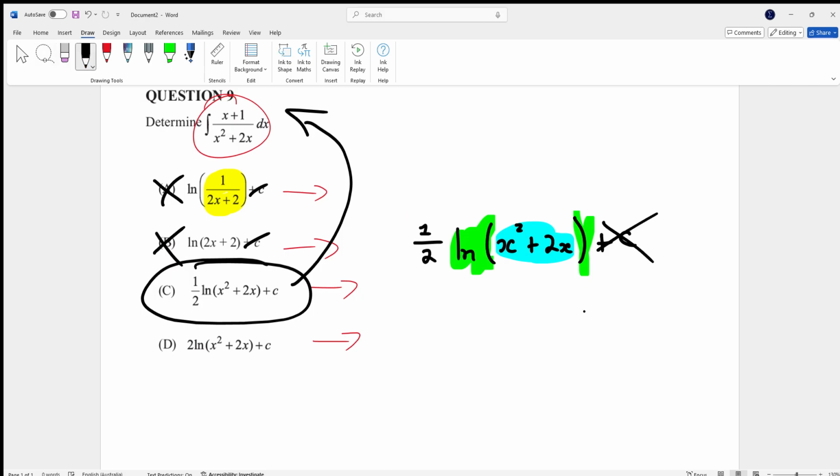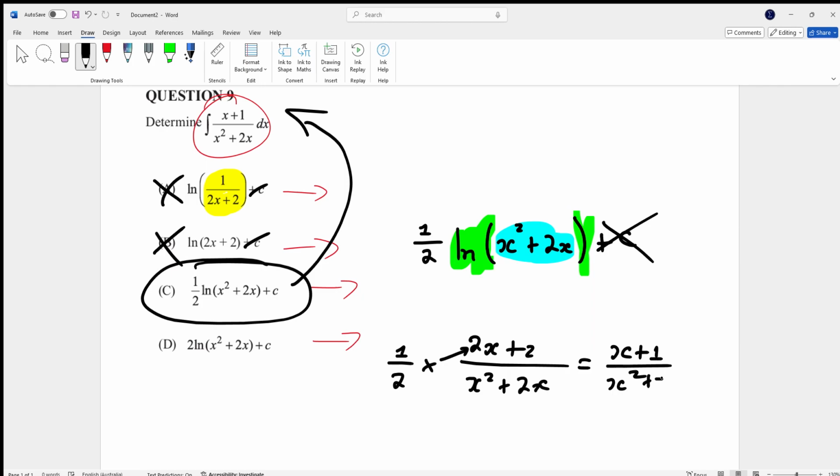That differentiates to nothing. So you'd have a half times the derivative of the inside function, which would be 2x plus 2, divided by x squared plus 2x. Now if you apply the half to the top there, you'll get all those 2's cancelling out, which will give you x plus 1 over x squared plus 2x.